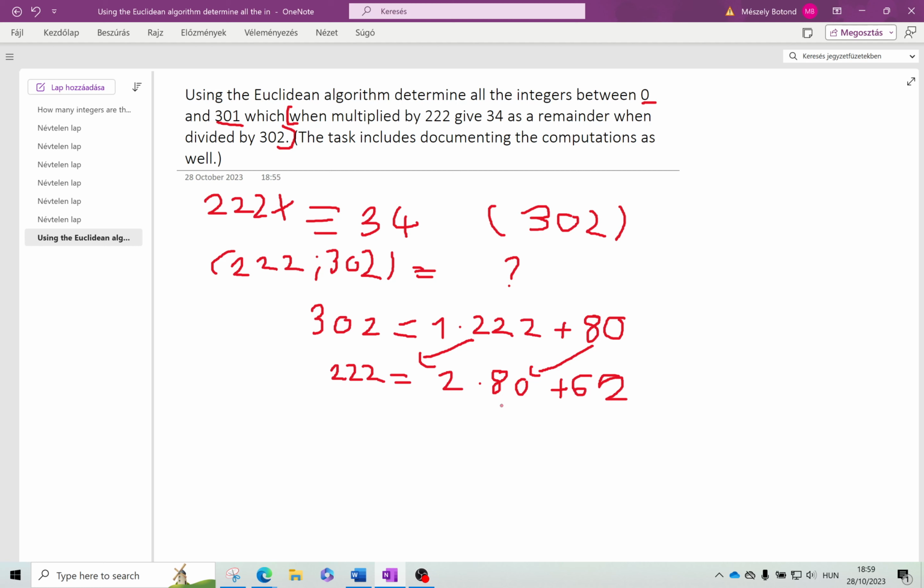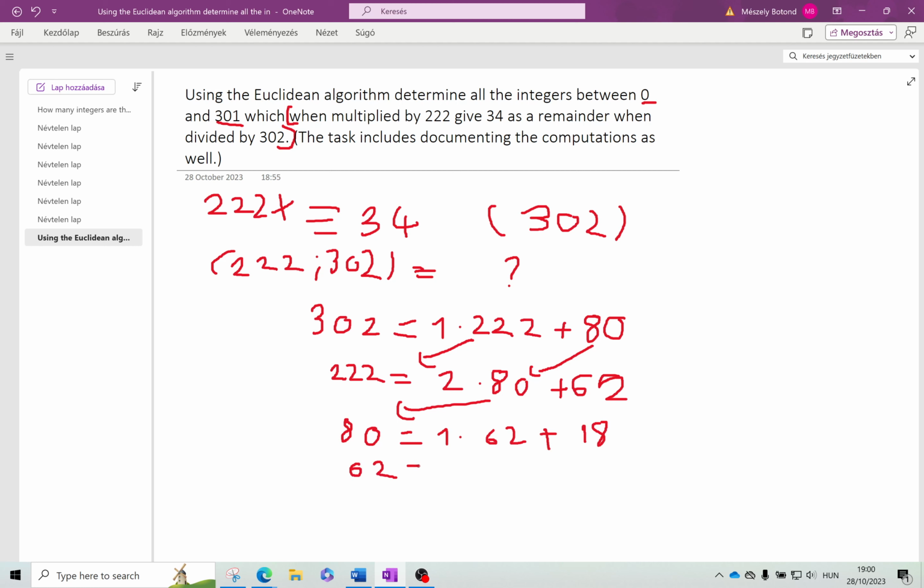Alright, you got to here, then you basically continue this until you get to 0. So the 80 comes here, and now 80 equals something times 62. It's 1 because you can only subtract 62 from 80 once, and the remainder is 18.